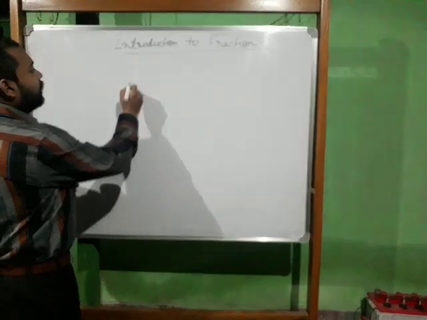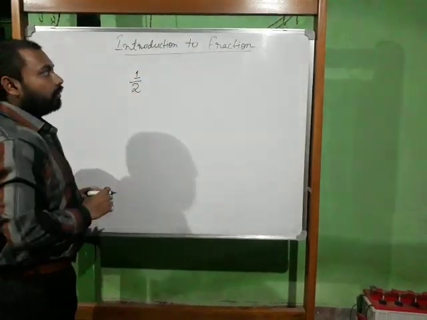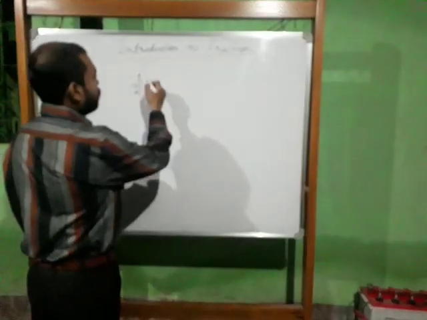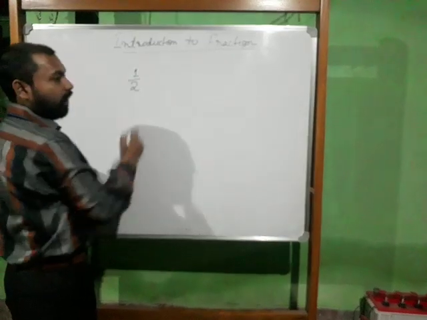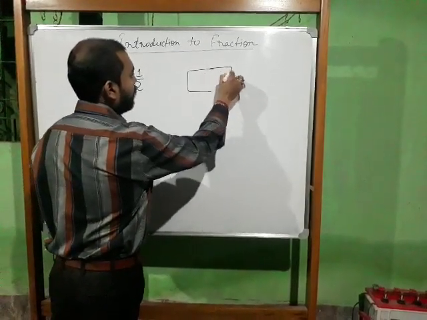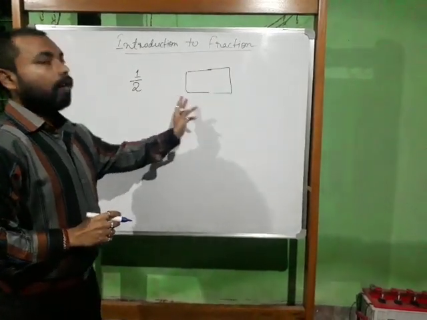Suppose if I tell you 1 by 2, so this becomes a fraction. Now what I have said, it is a part of a whole. So how can we represent 1 by 2? Suppose I give you a rectangle, and this is considered to be 1 unit.